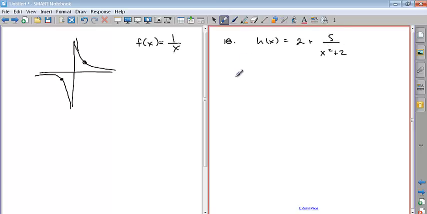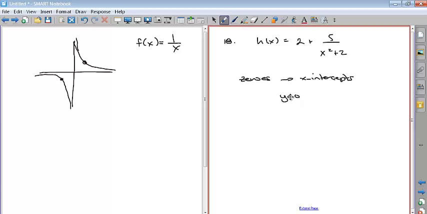The zeros are also the x-intercepts, and the way you do that is the same way you did with other functions. You just set y equal to 0 and solve for x.